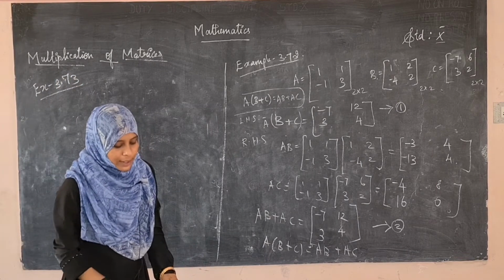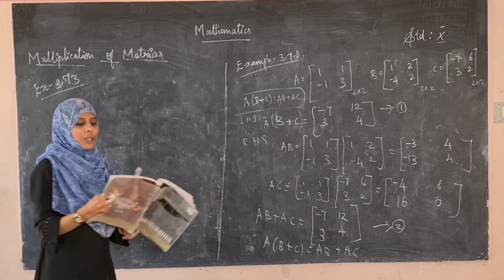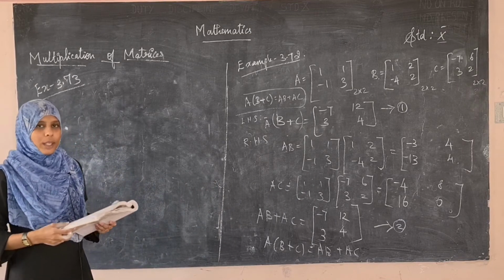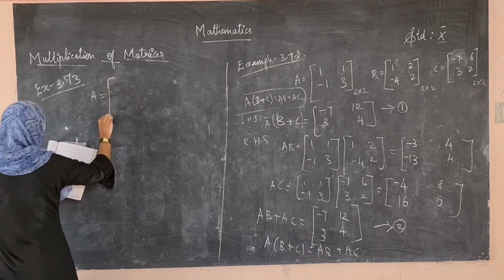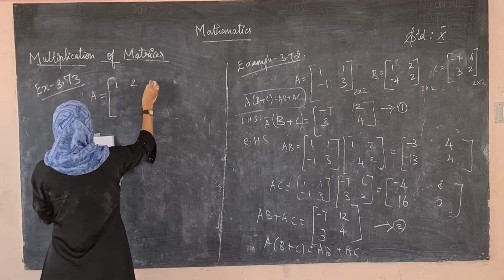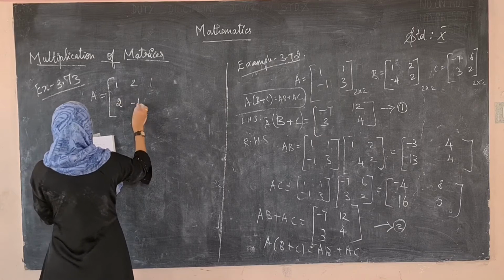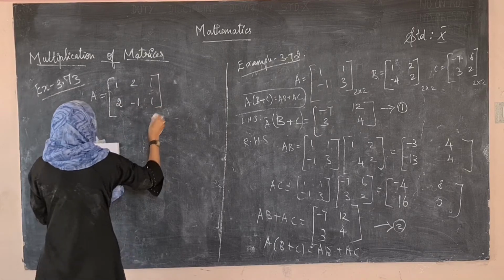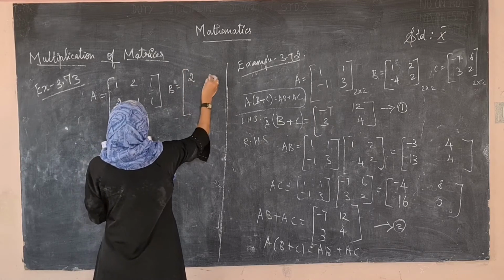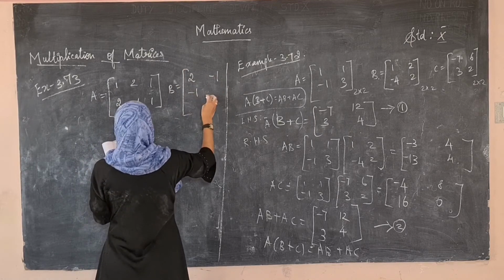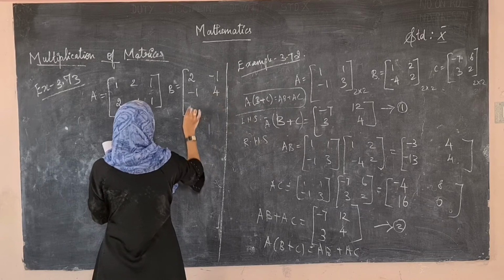They have given two matrices A and B. We have to show that AB the whole transpose is equal to B transpose into A transpose. What's the matrix? A is equal to 1, 2, 1, 2, minus 1 and 1. What is B? B is equal to 2, minus 1, minus 1, 4, 0, 2.